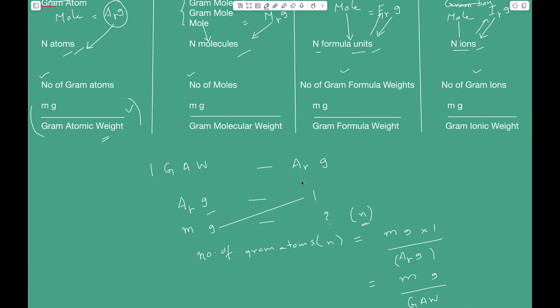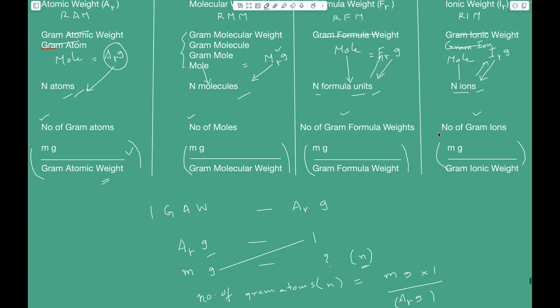By using a similar argument, you can derive an expression for the number of moles also. It is equal to mass of the substance given in grams over its gram molecular weight. And similarly, these are the expressions for number of gram formula weights and number of gram ions.